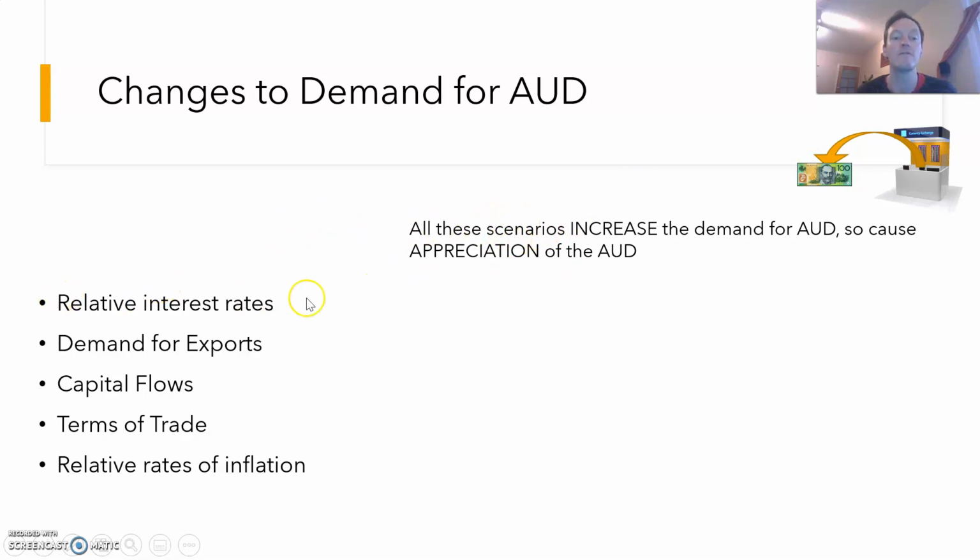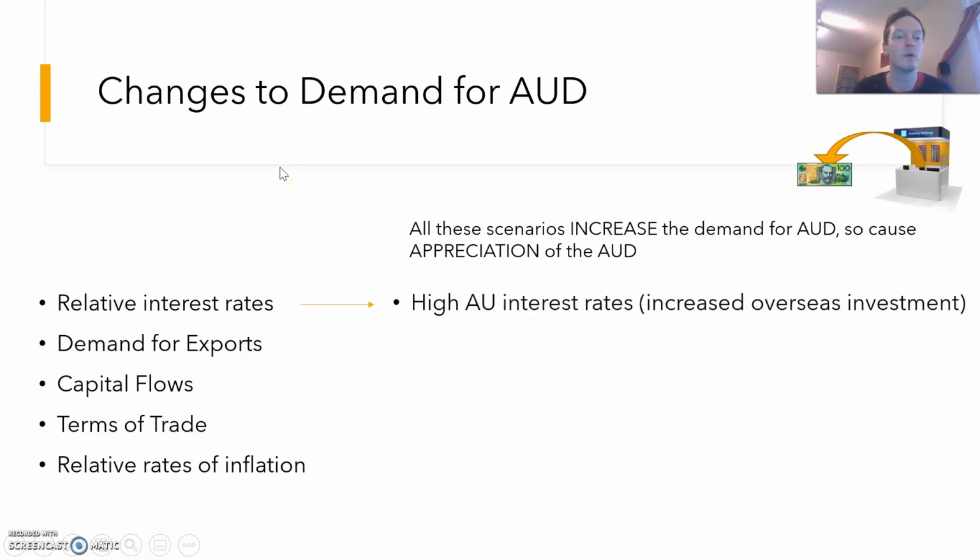So the first one from the study design, relative interest rates. What this one means is the cost of borrowing money in Australia relative to other countries. So what's going to cause an appreciation of the Australian dollar? Well, when there are high Australian interest rates. Why is that? Because there's increased overseas investment. If we have high interest rates here, there are high rates of return.